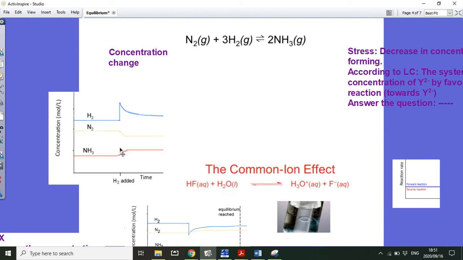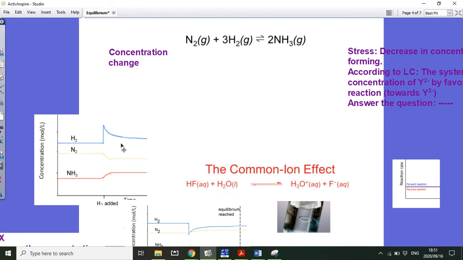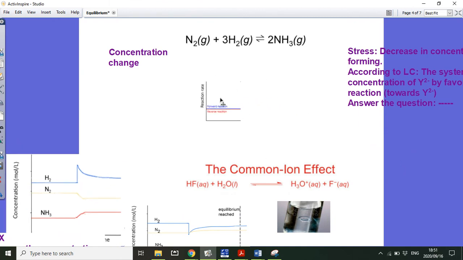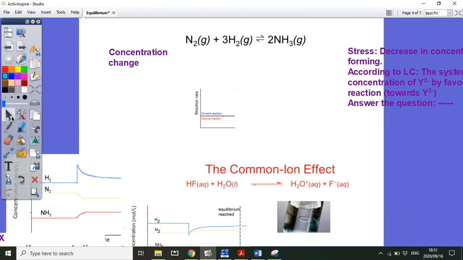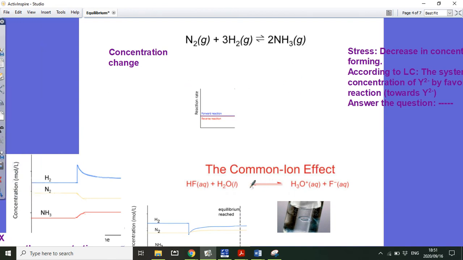But please look, there's no sharp shooting of all the lines. It's just the one line that changes. So if I look at my rate graph, both reactions are not going to be favored. So if it was a common ion that I added, like in this last one, if I favored the forward reaction, that means the rate of the forward reaction is going to increase only.